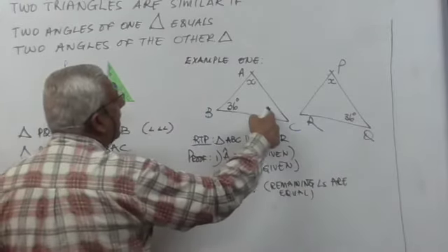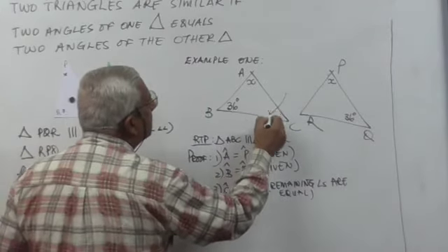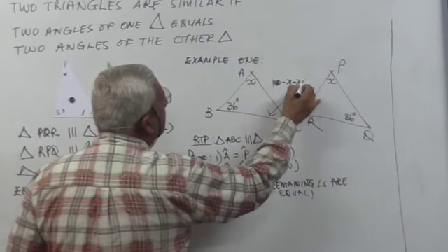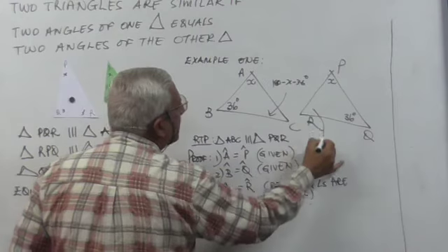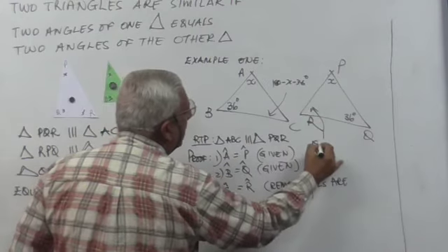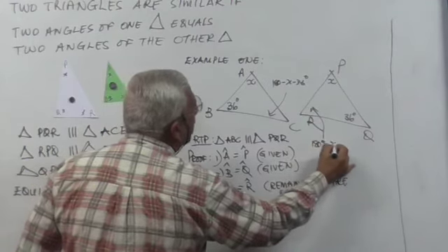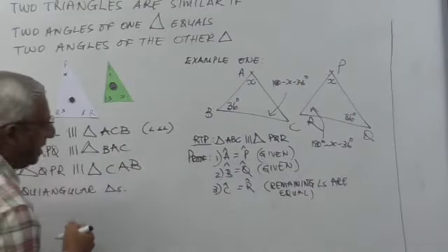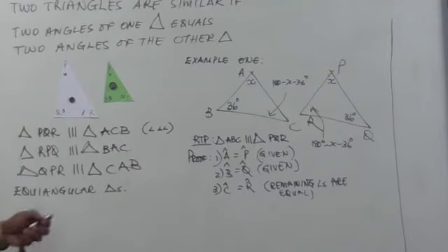Because this angle here is actually 180 degrees minus x minus y, and this angle here is also 180 degrees minus x minus y. So the remaining angles will always be equal as long as the first two angles are equal. If these two are equal to those two, then the remaining angles will be equal.